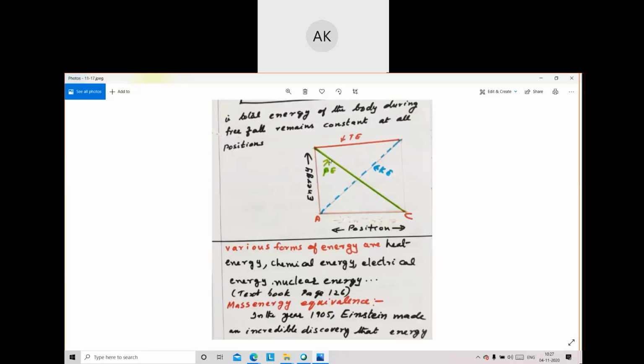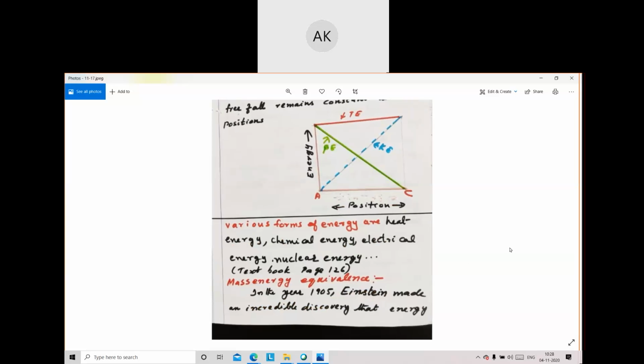So during the free fall of a body, the sum of potential plus kinetic energy remains constant. That is what we have proved. And what is the question for that? Show that mechanical energy is conserved during the free fall of a body. The graph also has to be studied.